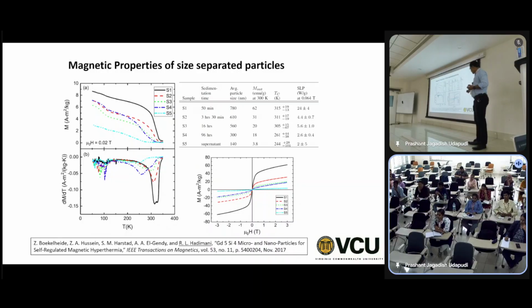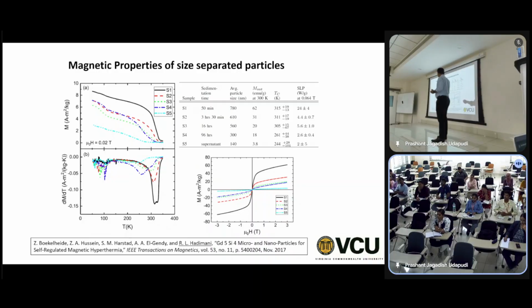When the particle sizes change, the magnetic properties also change. Okay, this is the hysteresis curve. Basically, we applied a high magnetic field in the positive direction and negative direction. Here we just changed the temperature and measured its magnetization.